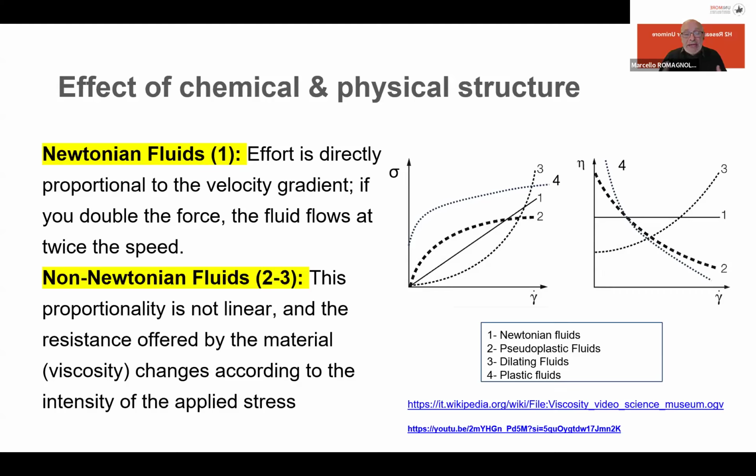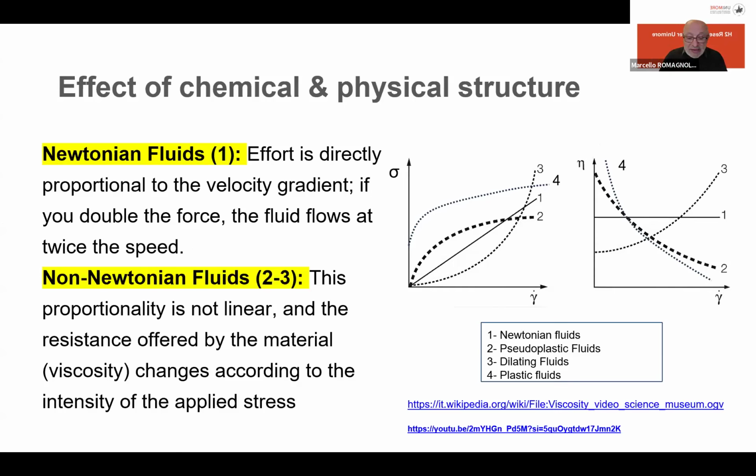Especially the chemical and physical structure can determine a Newtonian or a non-Newtonian behavior. In the first case, in this diagram of shear stress versus shear rate, it is a straight line, or a horizontal line in the graph of viscosity versus shear rate. We have a constant viscosity.